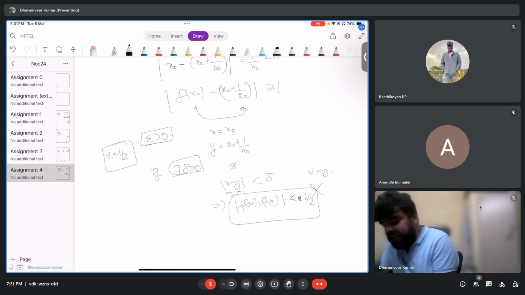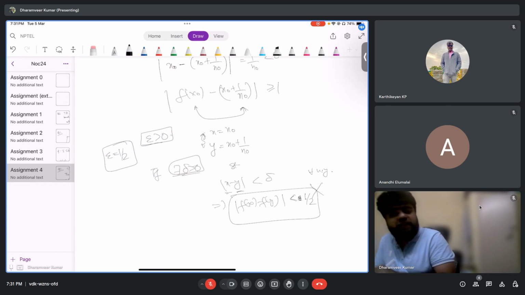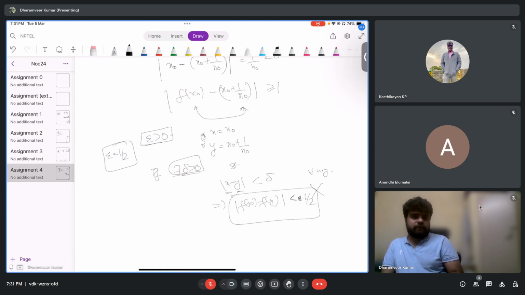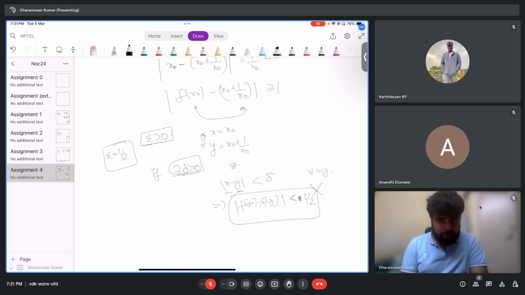But I'm saying no matter what delta you choose, there are points x and y such that this cannot hold. That's why it's not uniformly continuous. That's where uniform continuity comes into the picture.